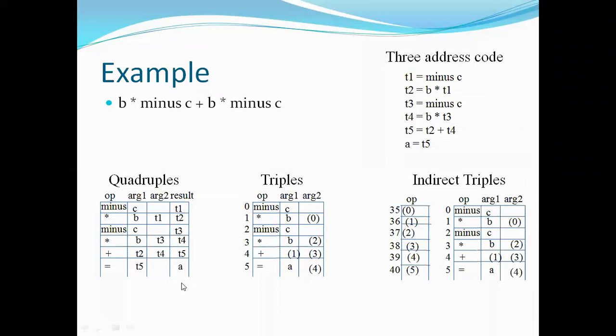We are eliminating the temporaries, that means we are not writing the result field. So A acts as argument 1 and in argument 2 we have T5. T5 has statement number 4, so we write 4. With these references, we are pointing using pointers from the symbol table. Is it clear now how to write the triples?